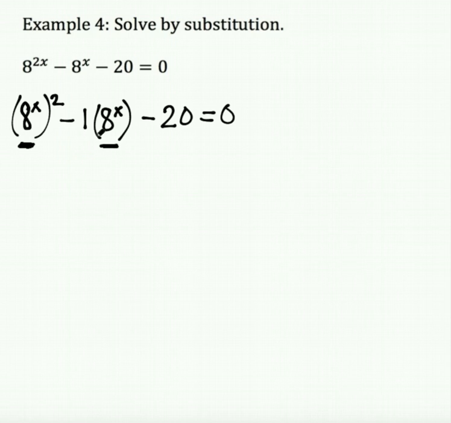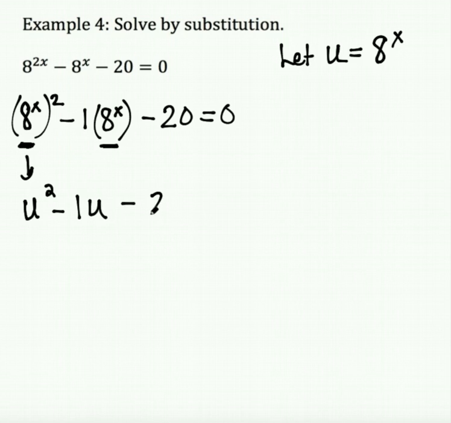Once I have those the same, I know I can do my substitution. So I'm going to say over here, let u equal 8 to the x. So I'm going to take out those 8 to the x's and put the u in its place. So that's going to become u squared minus 1u minus 20 is equal to 0.